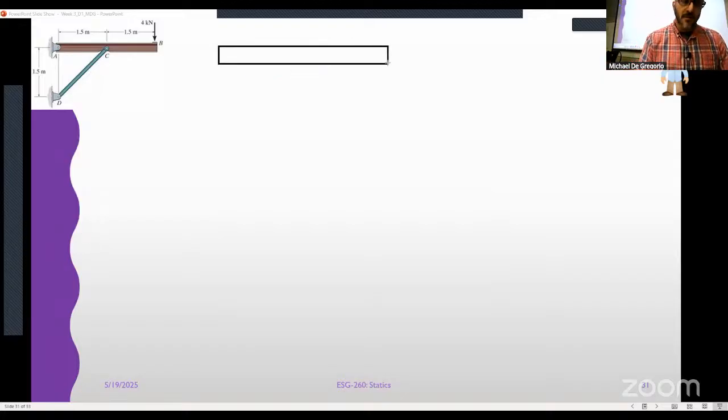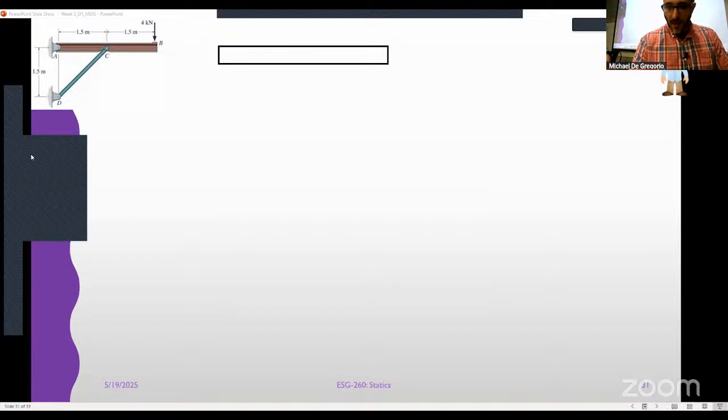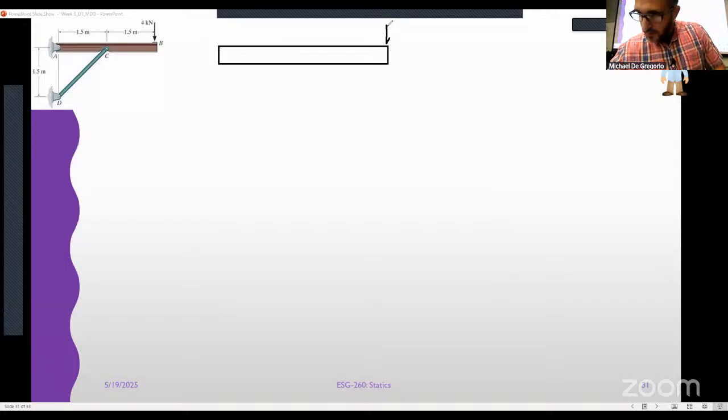Here we go. There's my beam. And I've got some force over here pushing down on the end and that's 4 kilonewtons, and that's point B. And at point A, I will have AX and AY.